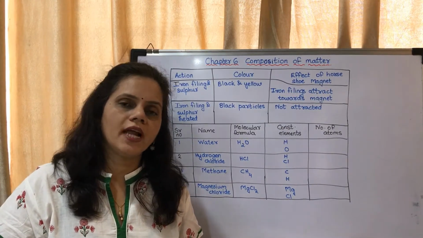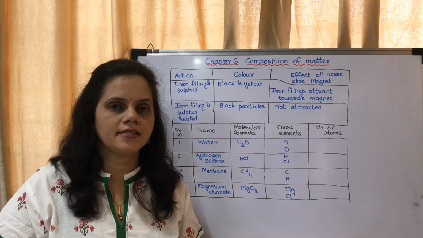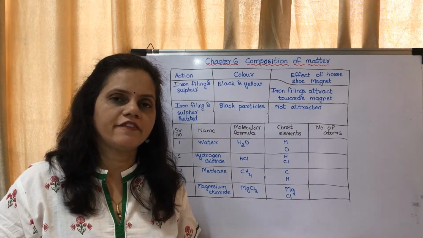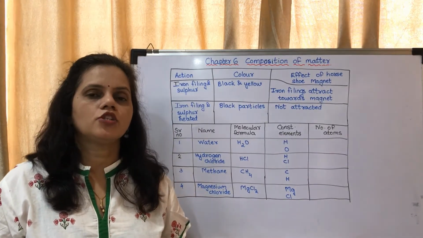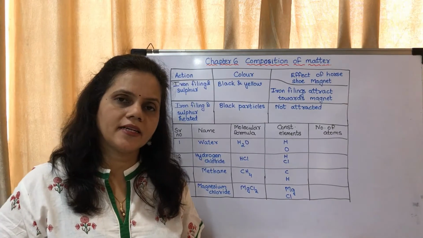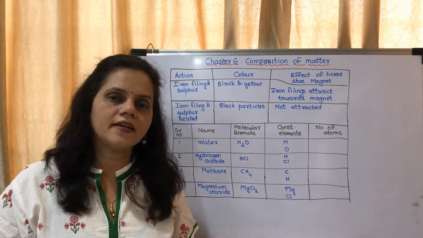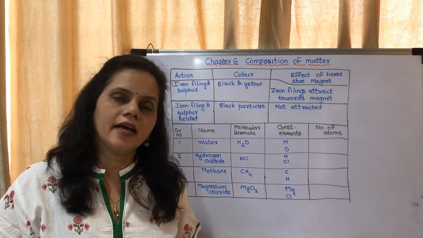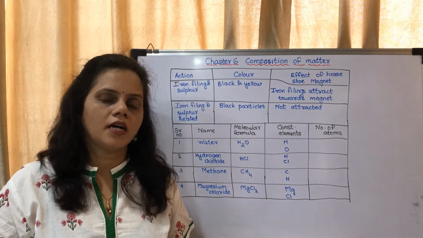Okay, so what will happen? Iron and sulfur will combine together to form iron sulfide, and iron sulfide does not have magnetic properties. Iron, which has magnetic properties when it is alone, has to leave its properties and go react with another element to form a compound.